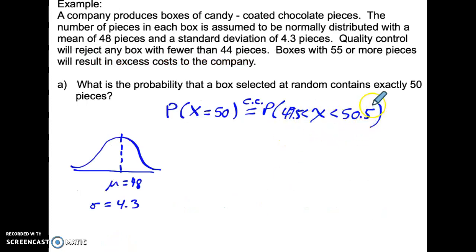Now we're just working with this probability of x being between 49.5 and 50.5. And from then on, we're just doing it like normal. Okay, so we're going to have to find two z-scores. The first z-score will be when the x is 49.5. And the second z-score will be when the x is 50.5.